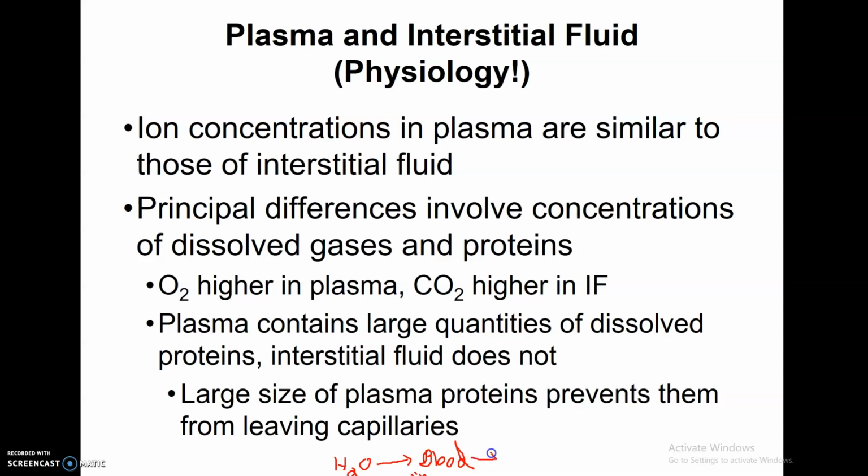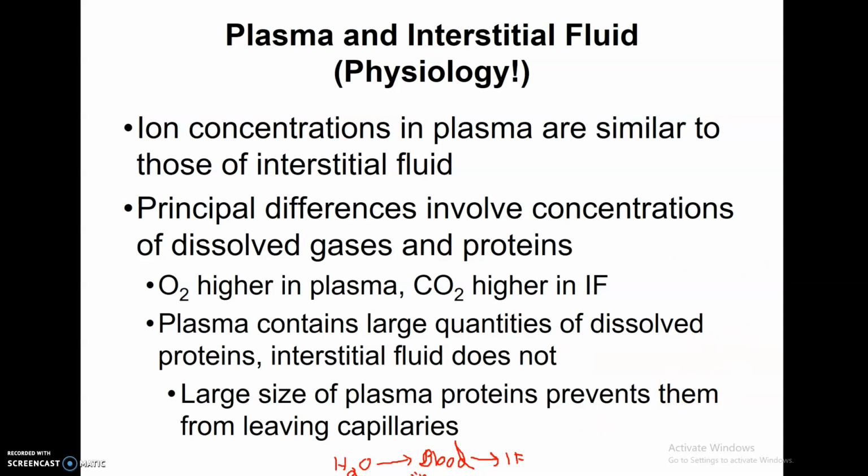As it circulates around, it's going to leave capillary beds and become interstitial fluid, or IF. Interstitial fluid, as you recall, is that liquidy, salty fluid that surrounds all the cells in tissues of the body. This is what helps keep us hydrated.